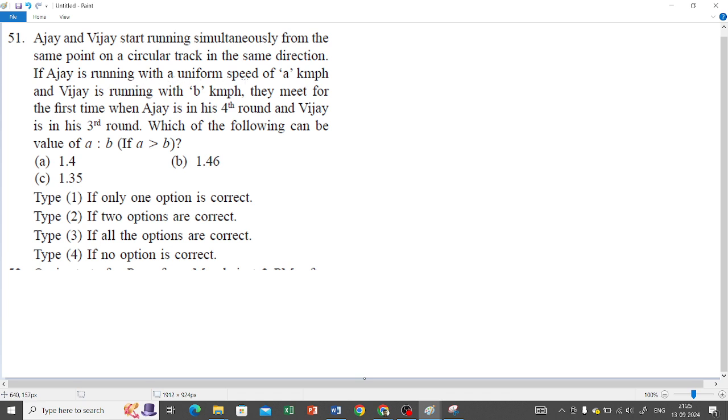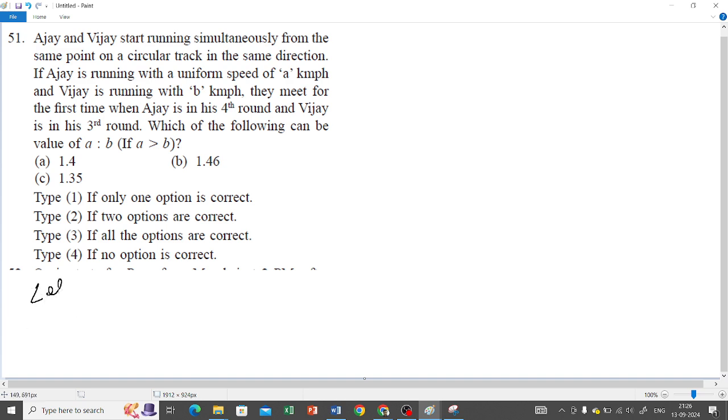If Ajay is running with a uniform speed of A km per hour and Vijay is running with B km per hour, they meet for the first time when Ajay is in the fourth round and Vijay is in the third round. So when Ajay has completed his 3 rounds and starts running his fourth round, and Vijay has completed 2 rounds and is in his third round, in both of these cases they have met each other, right?